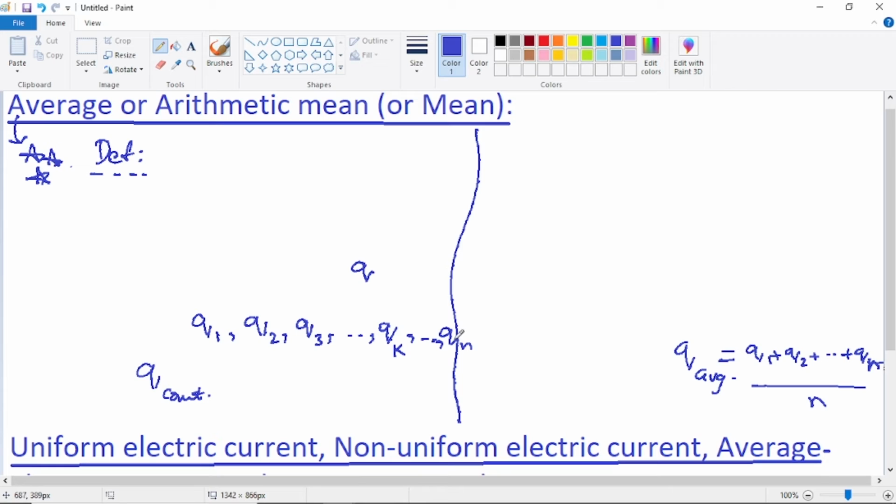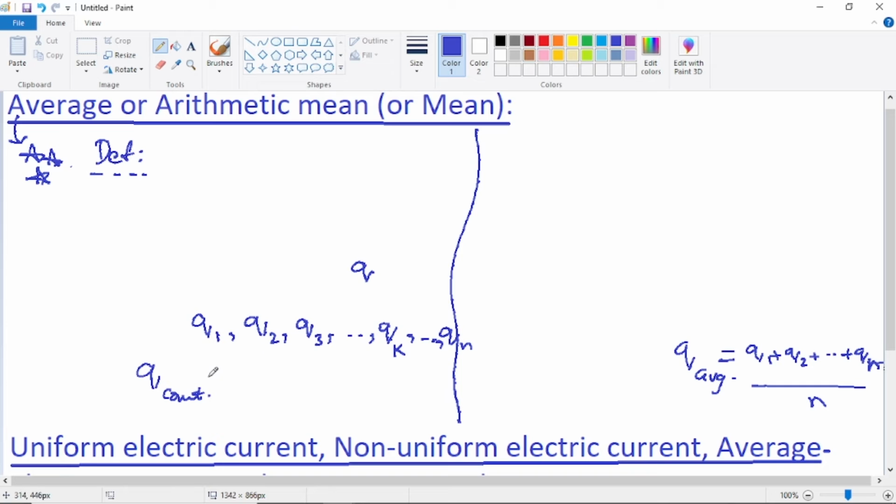So the average value is defined in such a way that it gives a rough idea of all the values. The important thing is that this property comes from the exact definition itself. It always lies between the minimum value and the maximum value, which gives a rough idea of all the n values of the particular quantity.